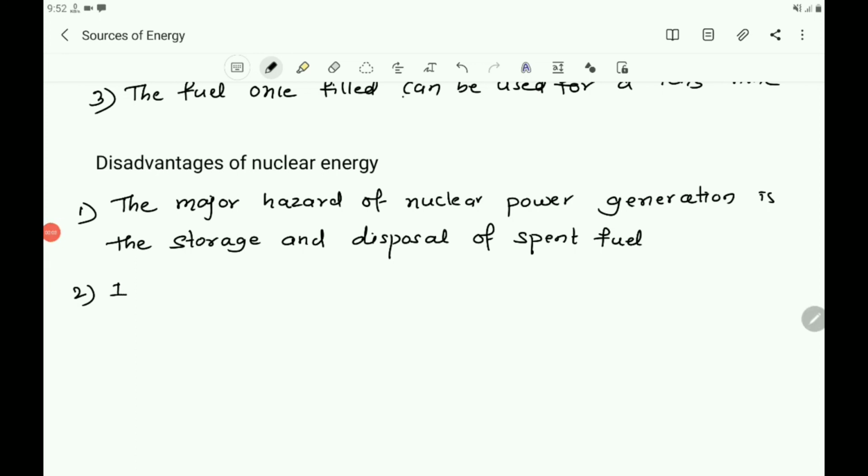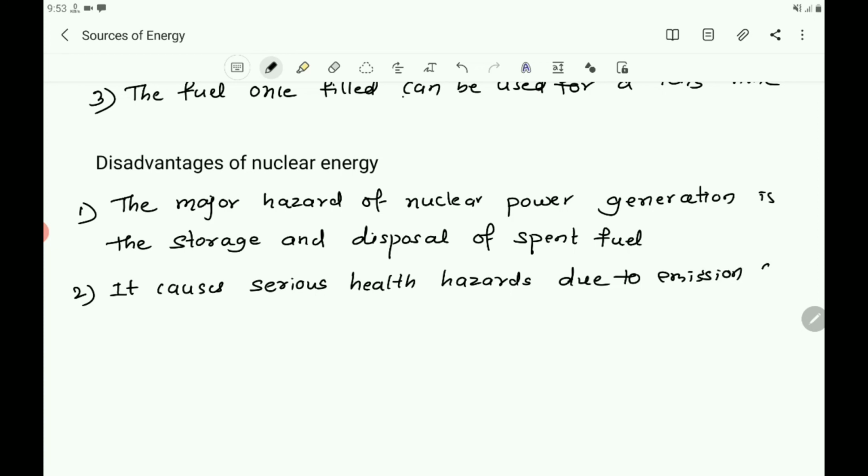So you write it causes serious health hazards due to emission of harmful radiations like alpha, beta, gamma.